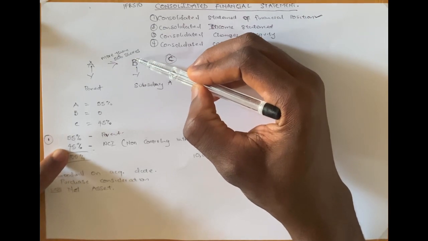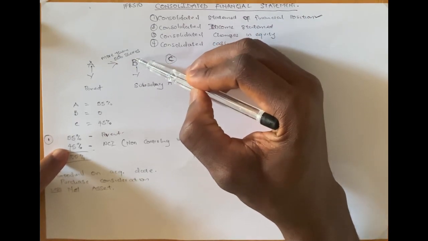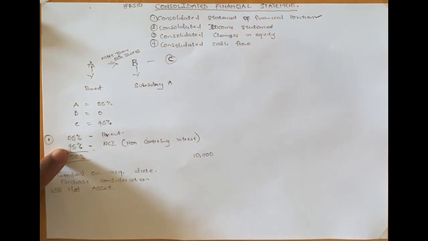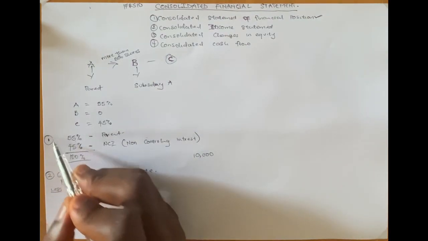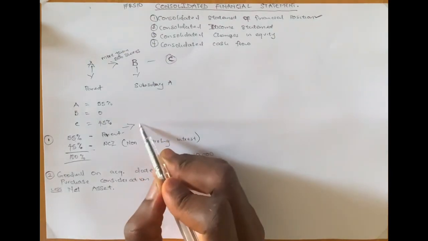Whether or not they give us information that C bought the 45%, it will be left for the NCI, which is the non-controlling interest, and the total will be the group, which is 100%. So the first one is what we call the group structure.